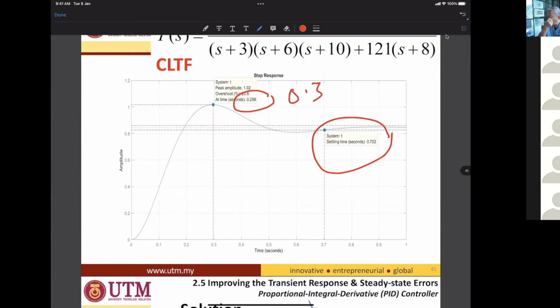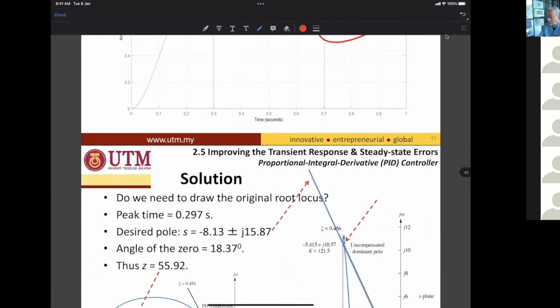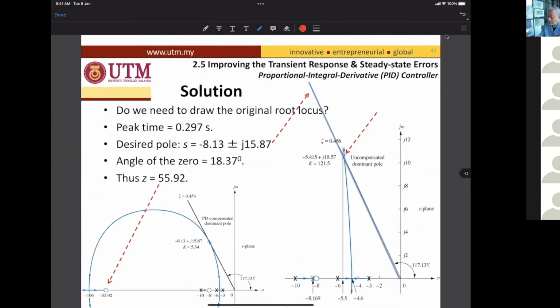Okay, 0.3 second. So that's why kita punya target adalah 2/3. So 0.2 second lah targetnya. So we draw the locus, and then the peak time is here, the old one. This is the dominant pole, the old one. Then how to get the angle, which is 18.37, okay, which is located at 55.92, the value of the PD zero.